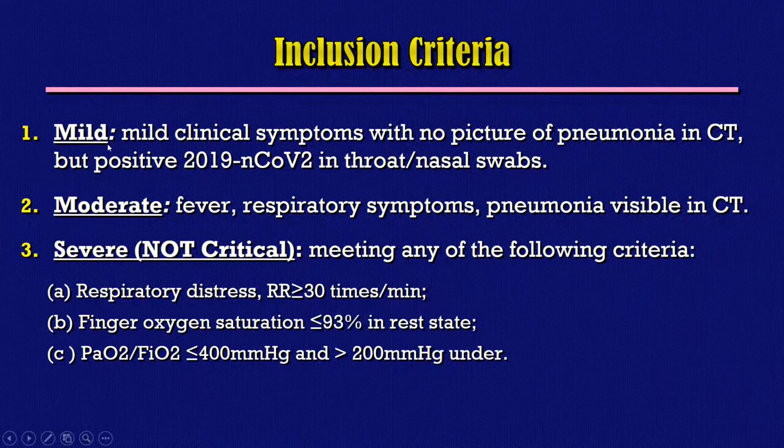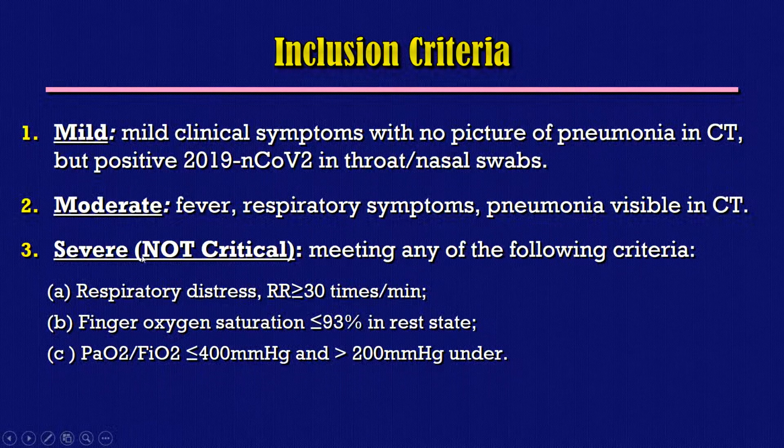Mild here is defined as clinical symptoms with no picture of pneumonia in CT scan plus positive coronavirus in throat or nasal swab by PCR. Moderate: fever and respiratory symptoms and pneumonia visible in CT scan.